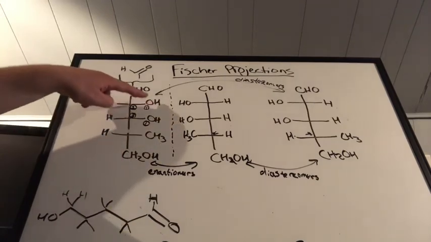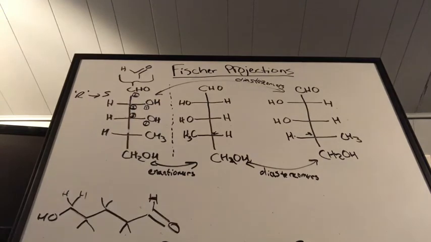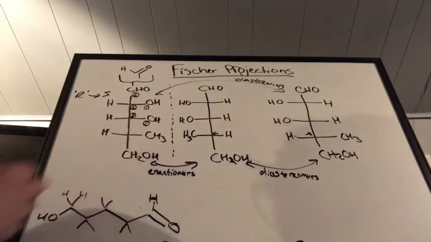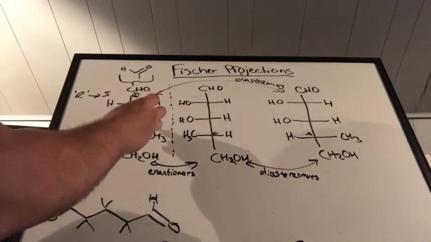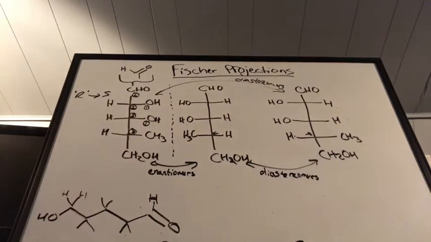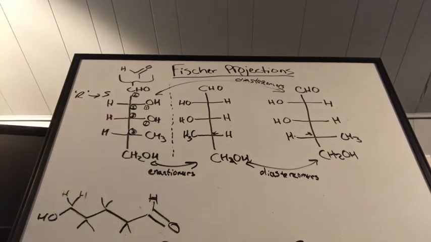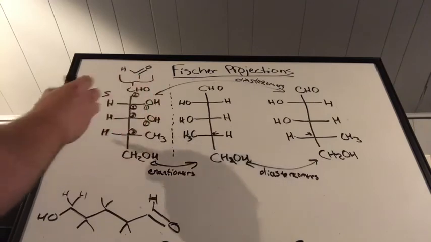You have an OH group here, and then you have an aldehyde. So in other words, this is going to be second priority about the third carbon. Okay, so 1, 2, 3. We don't need to flip anything this time because this is going into the plane of the page. So in other words, this should go 1, 2, 3, which is going to be S.